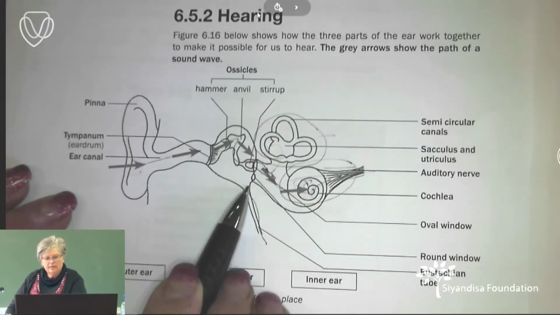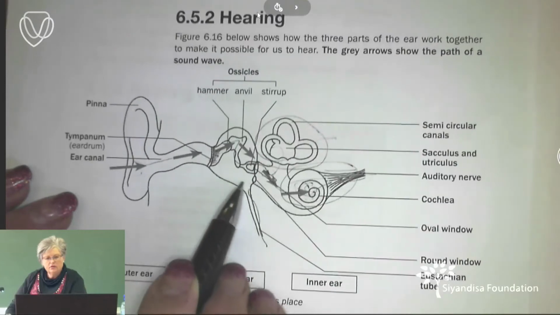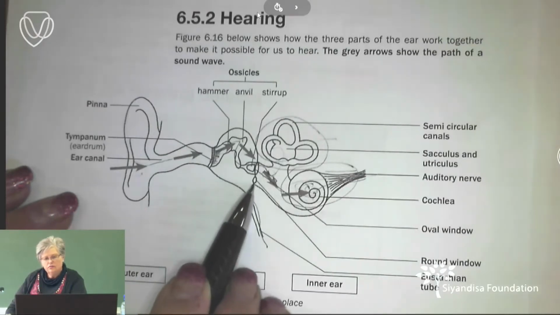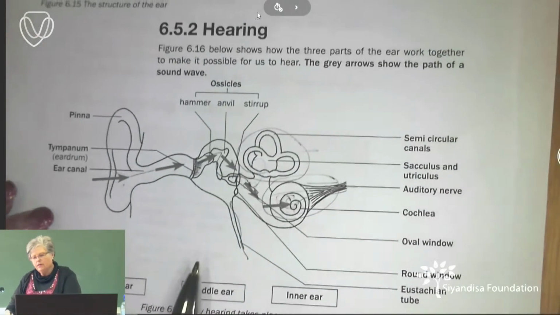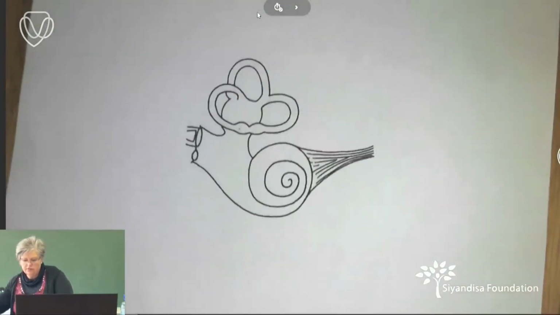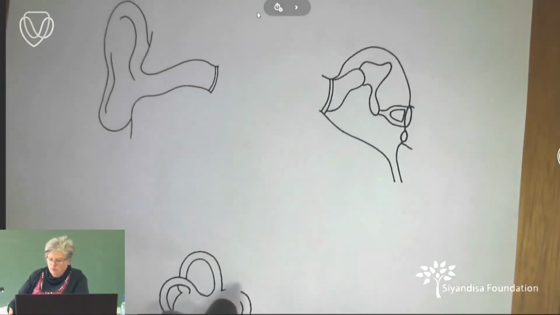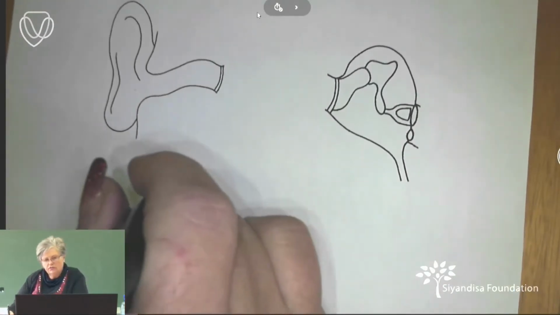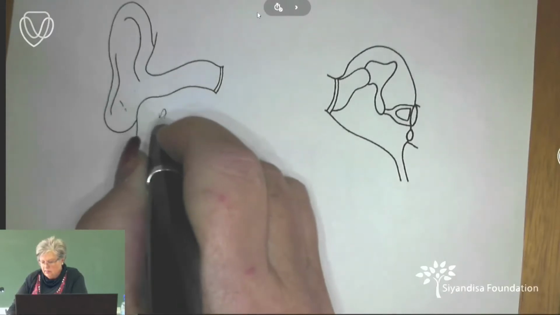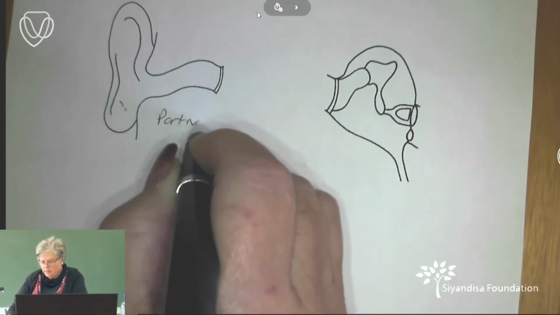It makes it so that the pressure cannot be maintained, and that gives you ear pain, and that also influences your hearing when you have fluid or something like that. So it is very important to see if you know it, to see if you can interpret it. Write down the part's name.